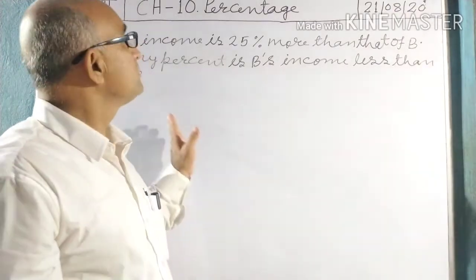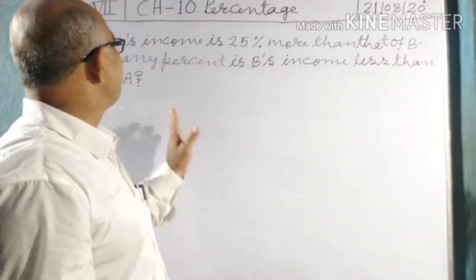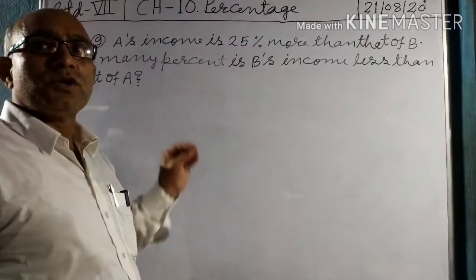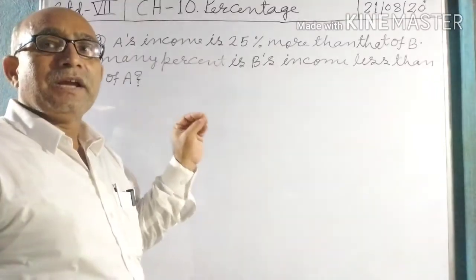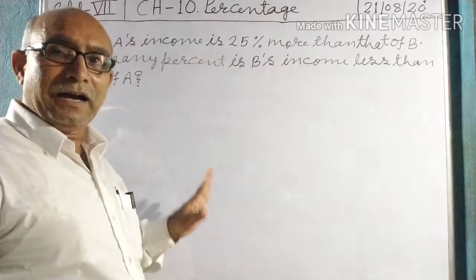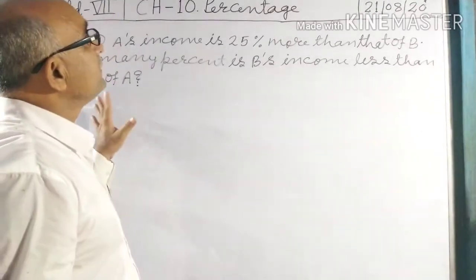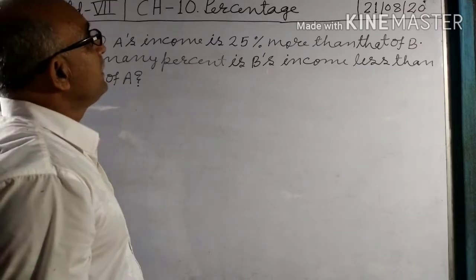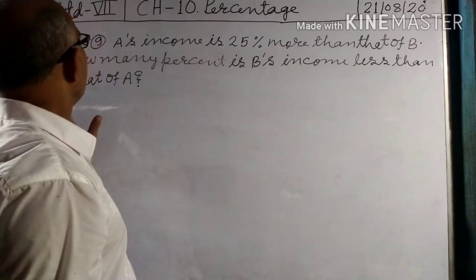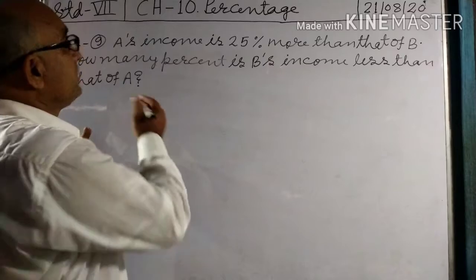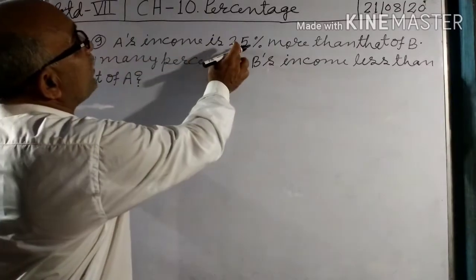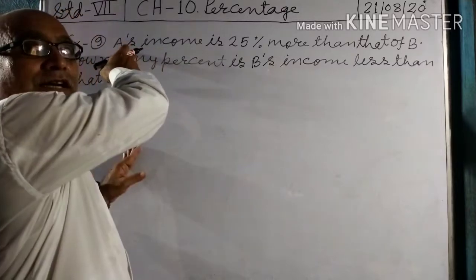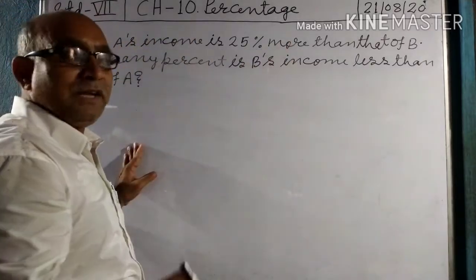First, suppose the required income, A's income or B's income, be x or 100. Here A's income depends on B's income.